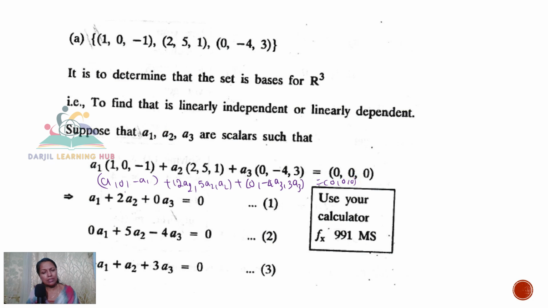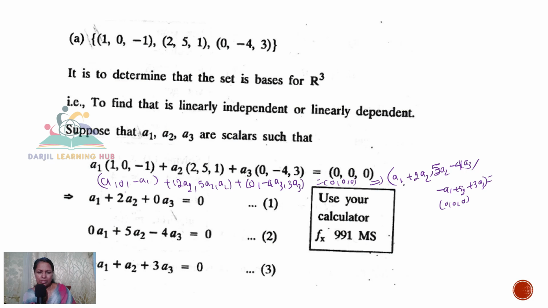This means coordinate-wise addition is allowed. That means a1 plus 2a2 plus 0, equal to 0; the second term is 0 plus 5a2 minus 4a3; and minus a1 plus a2 plus 3a3, equal to 0, coordinate-wise addition.